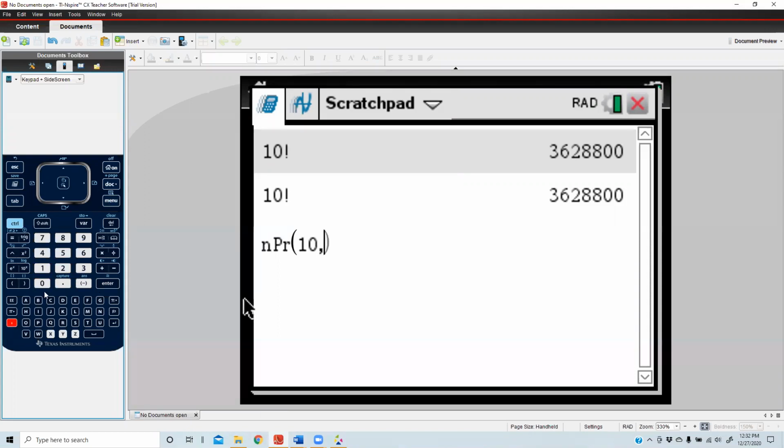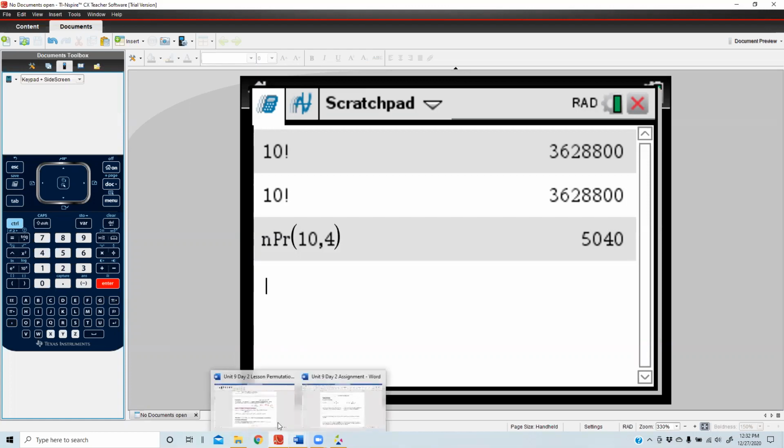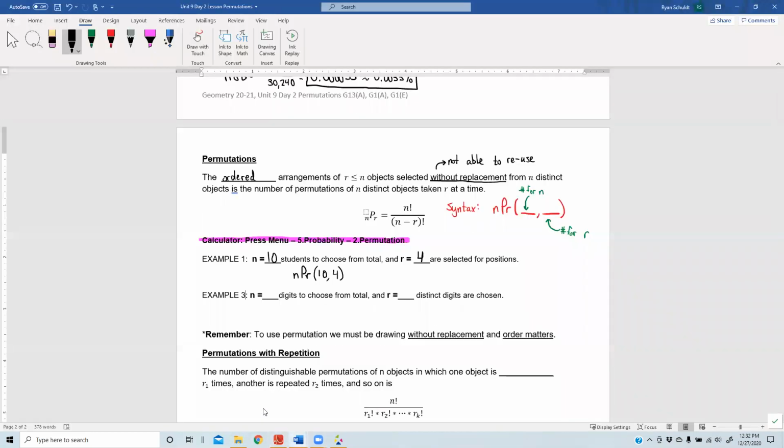So 10, comma, and then we're doing 4 positions. Hit enter, and it'll tell you 5,040. So 5,040 is your answer.